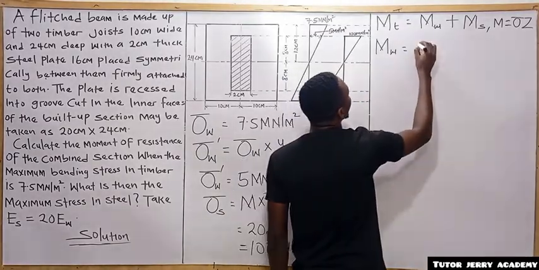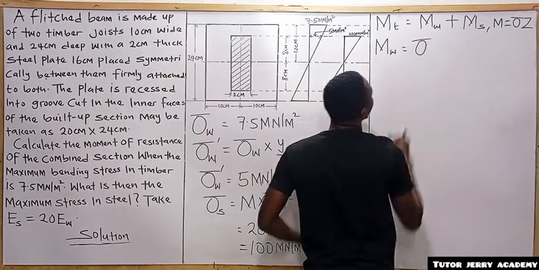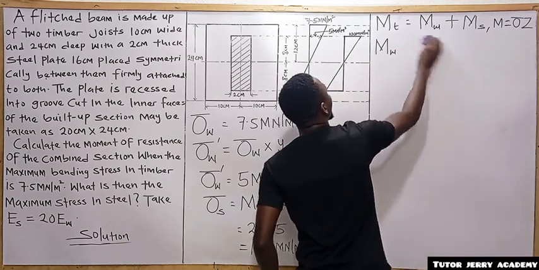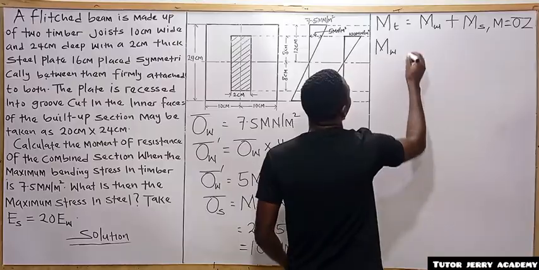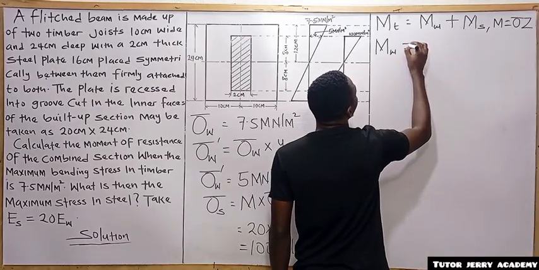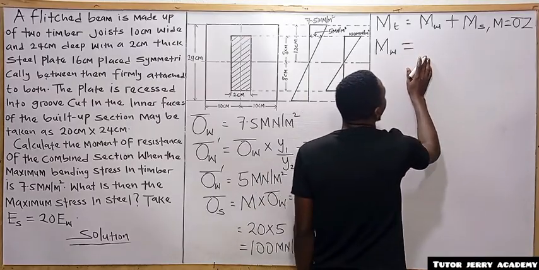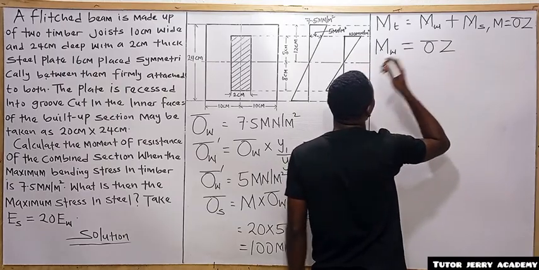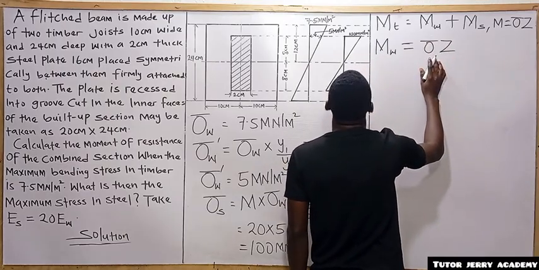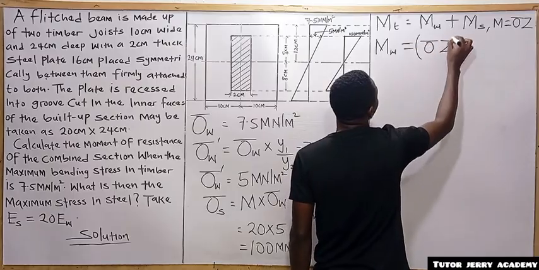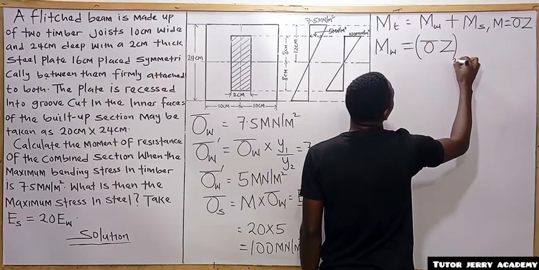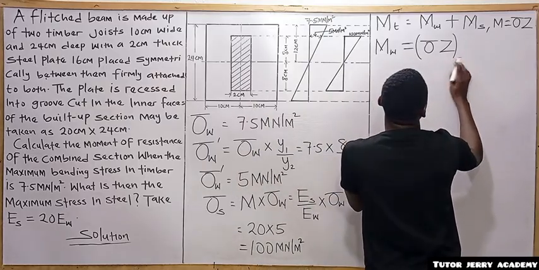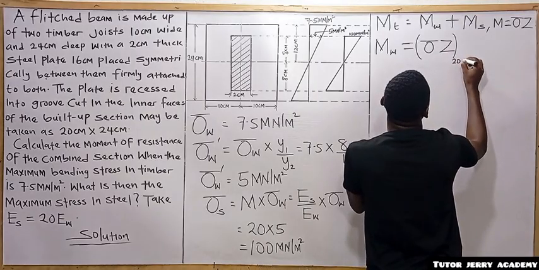So here the first one is going to be the stress. All right, I need to write legibly. This is going to be the moment of resistance. Let me just write the formula, and this formula here is for the 20 by 24 section.